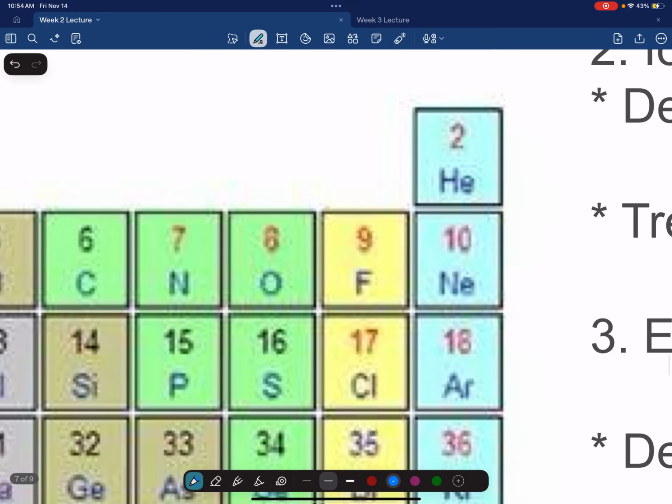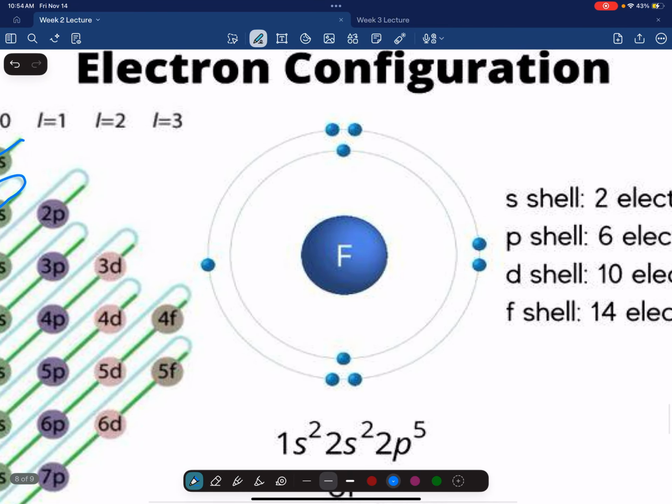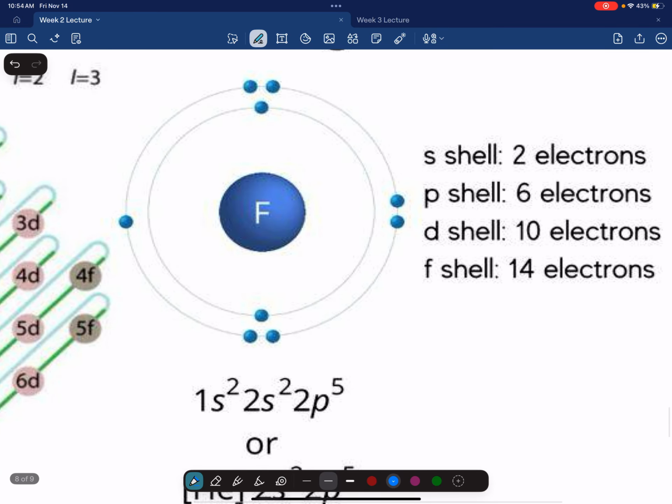Fluorine has a total of 9 protons. Since it didn't specify if it was neutral or not, we're going to assume that it's neutral because it doesn't specify a positive or a negative charge. Positive being cation, negative being anion. So we have 9 protons, which means that it has 9 electrons.